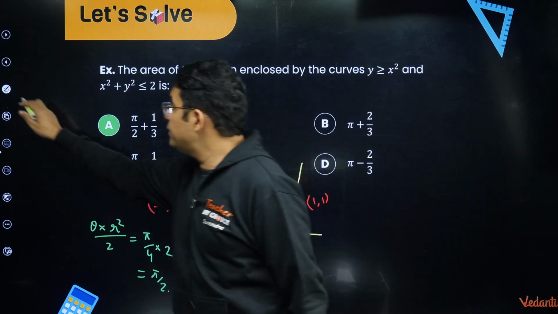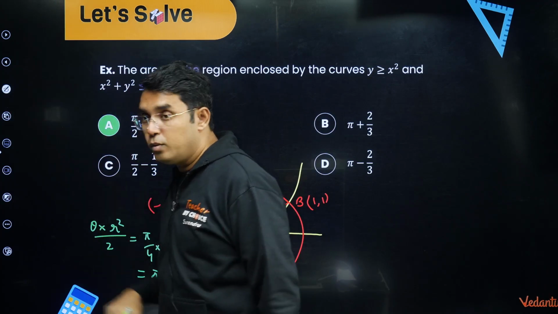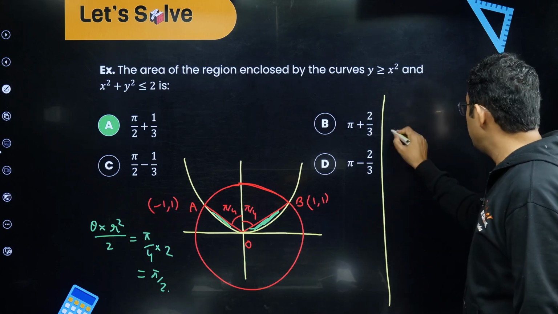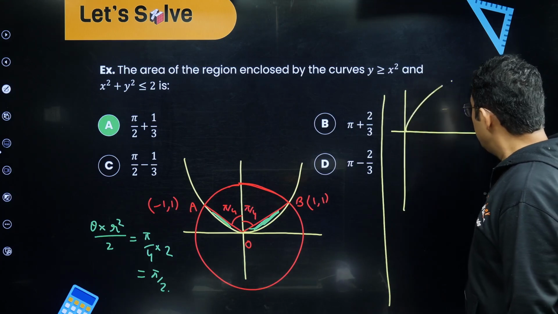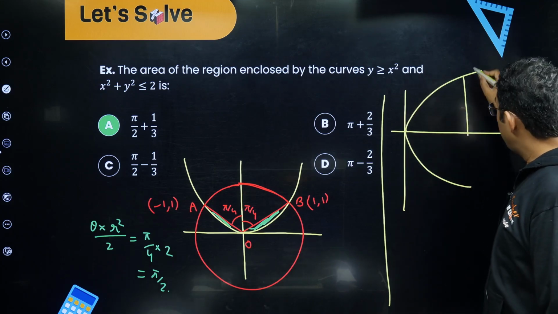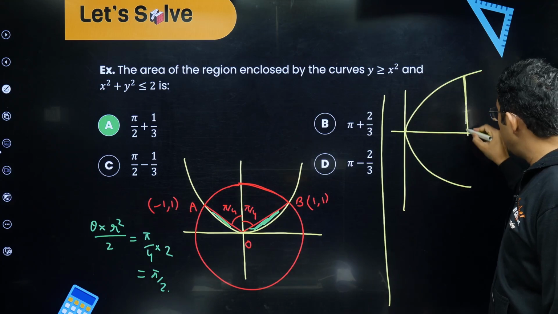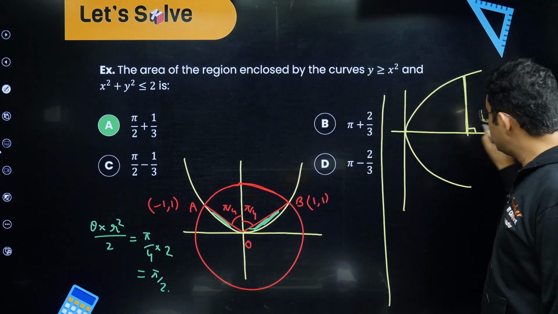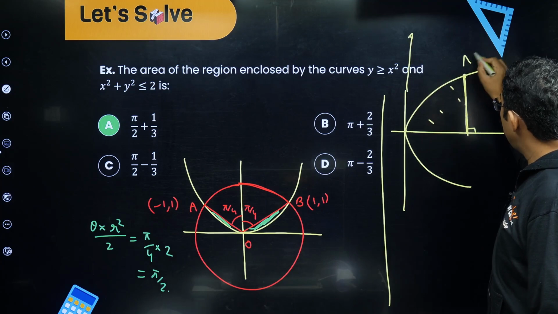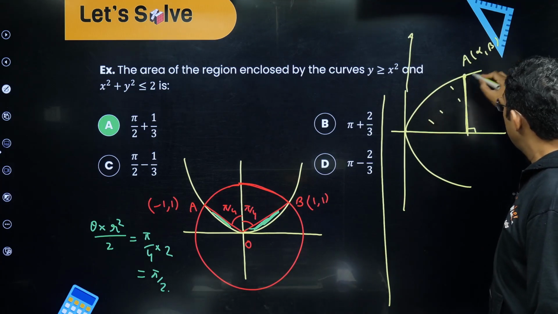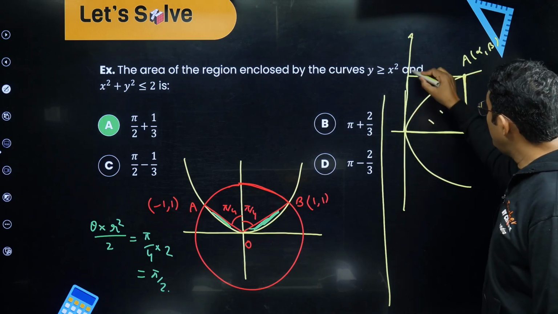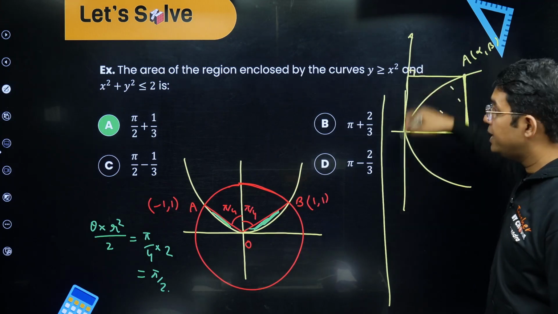For that there is one important result that we must know. There is also a Todhunter's rule, but I am not talking about that. The result I am talking about is that whenever you are looking for the area of a parabola bounded by a line perpendicular to its axis, if this point is A, and let me call this point (alpha, beta), and I draw a rectangle using these lines, from A I have dropped a perpendicular on the tangent at vertex.